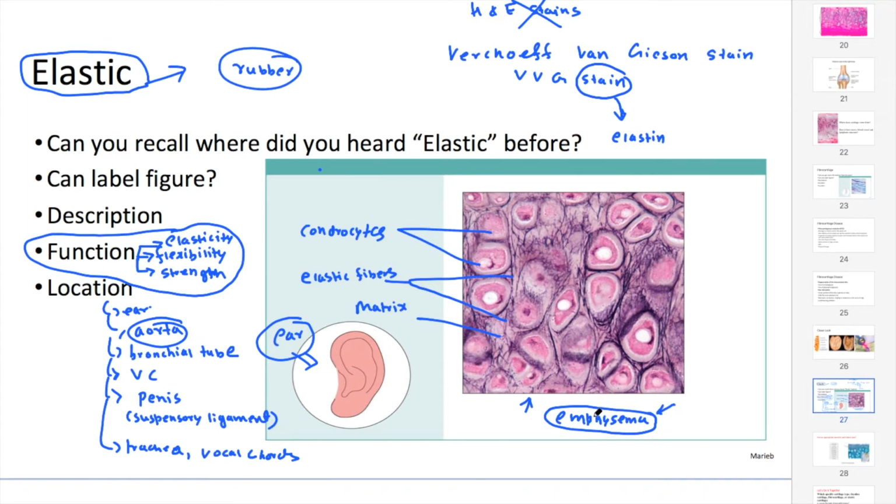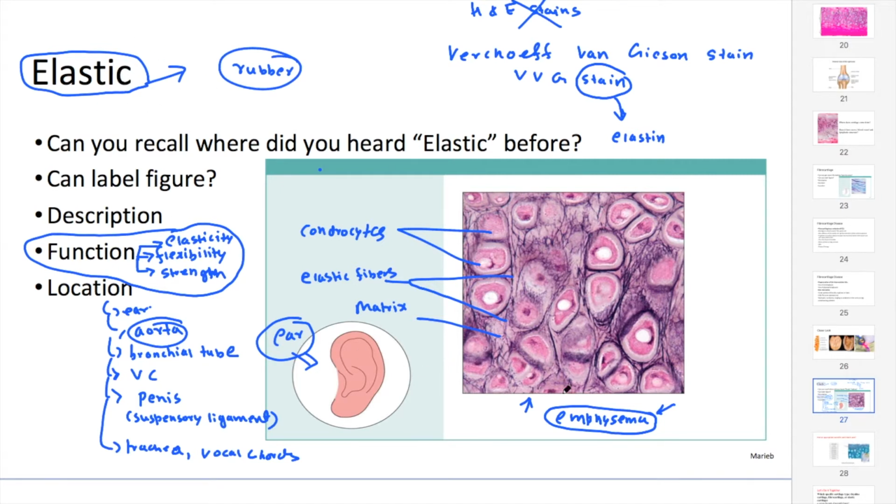So emphysema, basically what happens is you lose these elastic fibers, and your lungs lose their capability to expand or relax. So emphysema basically means you are losing these elastic fibers.